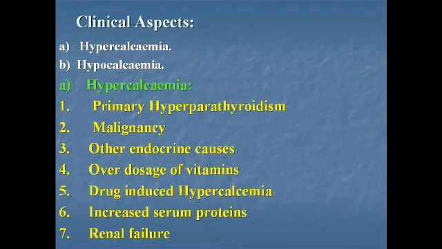Malignancy. Hypercalcemia in malignancies may be due to humoral factors or hematological factors. In humoral, with no direct skeletal involvement, it may be due to parathyroid hormone related proteins, growth factors, tumor growth factors, epidermal growth factors, and platelet derived growth factors.